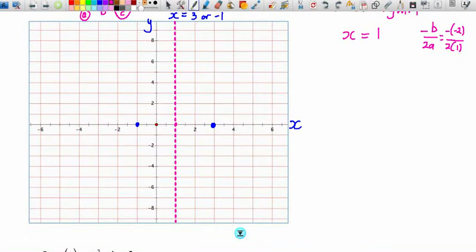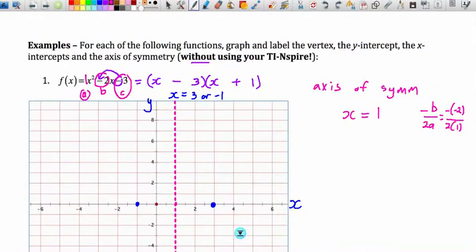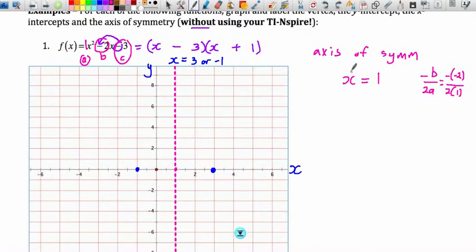Okay, so now I've got part of the vertex. Of course, we've got 2 or 3 other key pieces that we need to find. The next key piece is the corresponding y value, because the axis of symmetry is of course only one part. We need to find the coordinates of our vertex. In this case we've got 1.